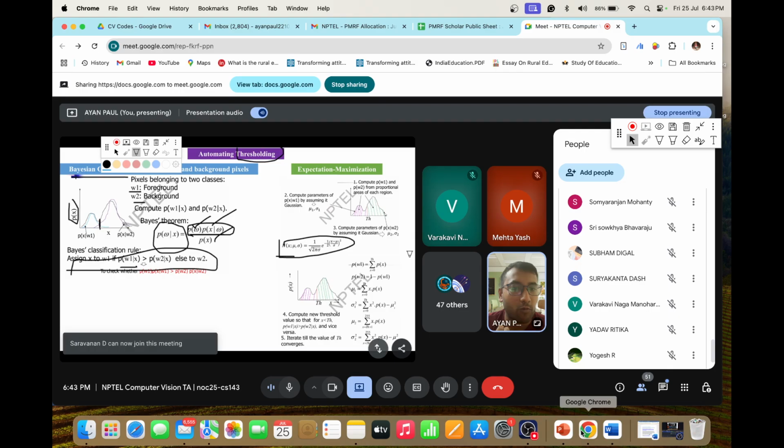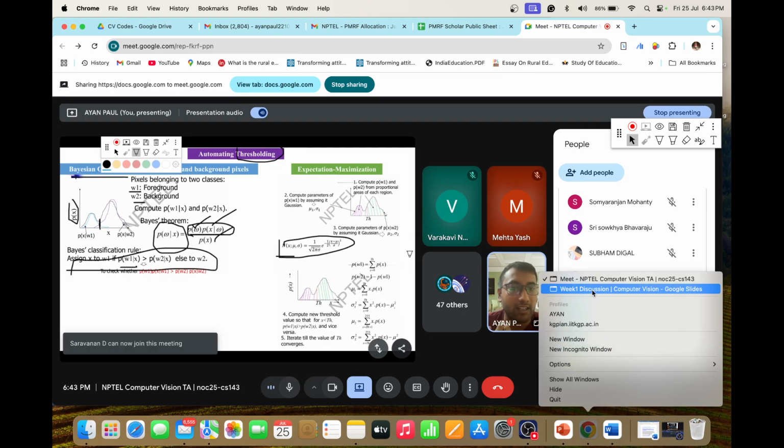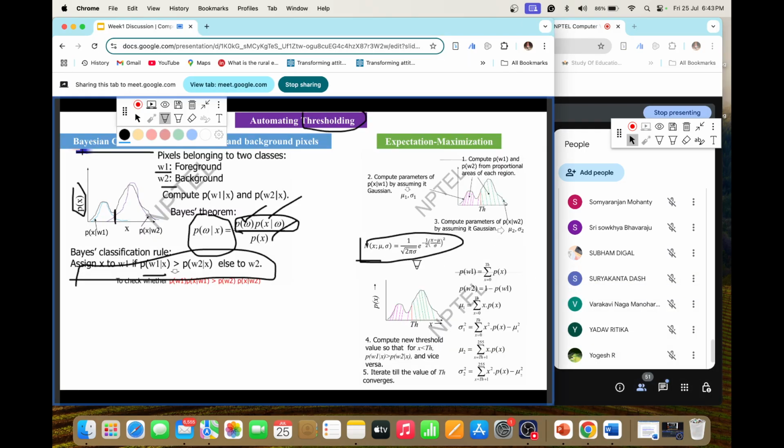Once you know P(x|W), you can find out P(W1). How? Because x will be from 0 to your threshold. If you integrate these probability values from 0 to the threshold, you will get P(W1).